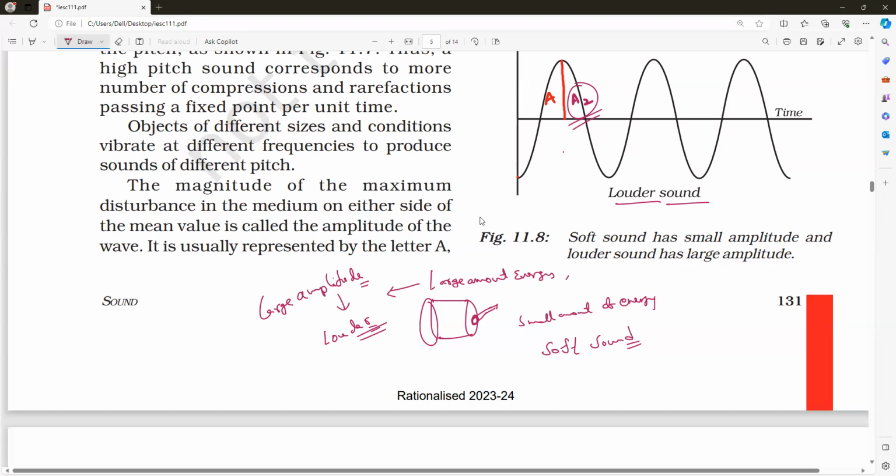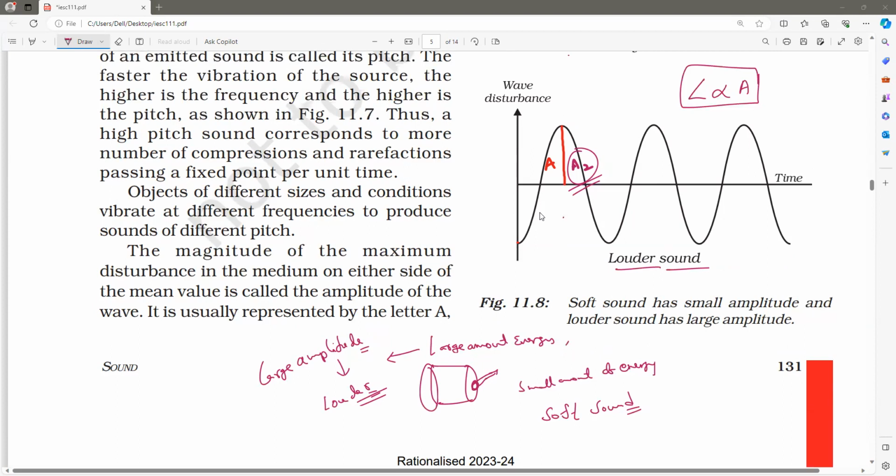To define which is a soft sound and which is a louder sound, we use a characteristic of sound which is called loudness. Basically, loudness is directly proportional to the square of amplitude. If amplitude becomes double, suppose initially 1 centimeter and now it increases to 2 centimeters, then loudness increases by the square, that many times.